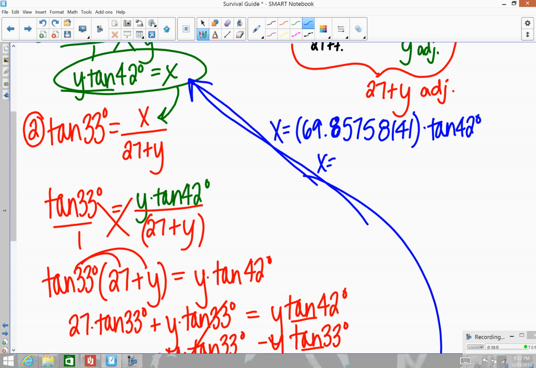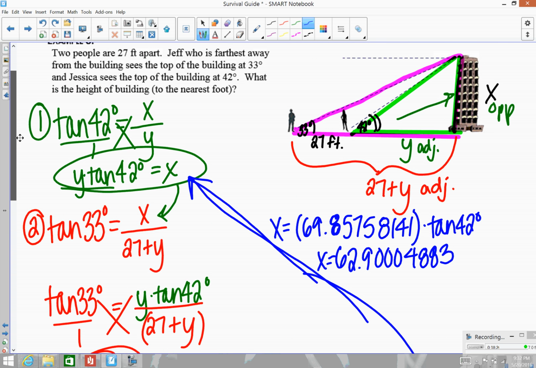So we get for x 62.900048883. So that means the height of the building to the nearest foot will be 63 feet. It'll round up.